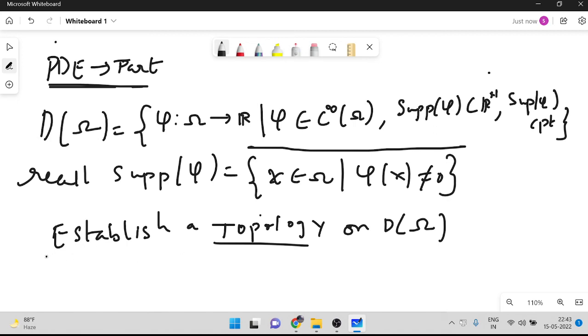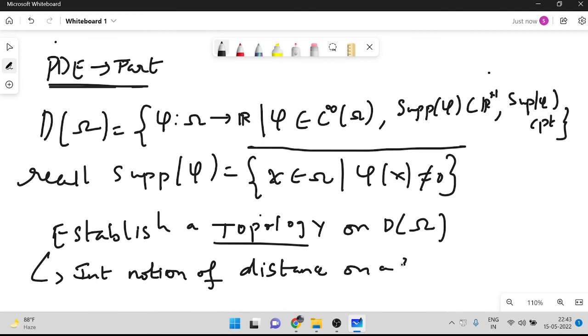Basically we are introducing a notion of distance on a set, in the sense of some continuity or distance on a set. That's it. This will give you some intuition.